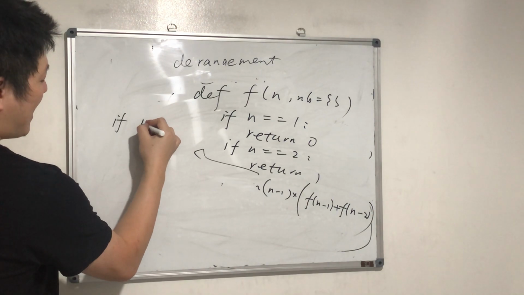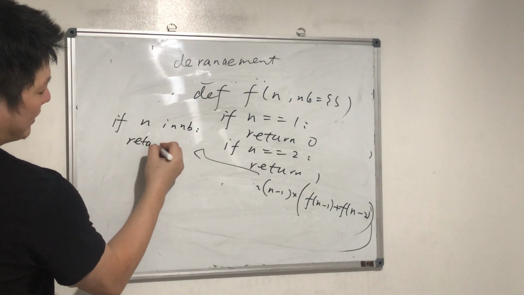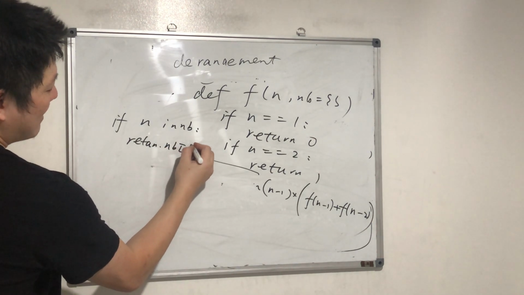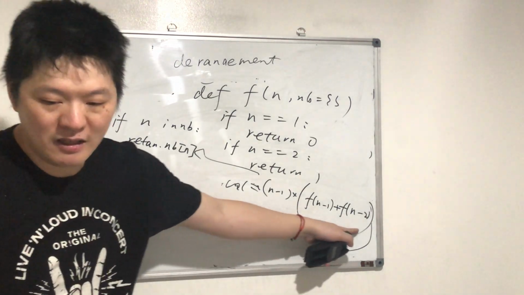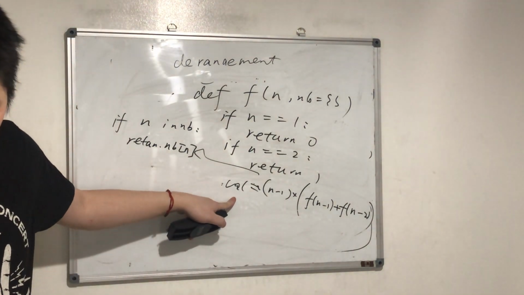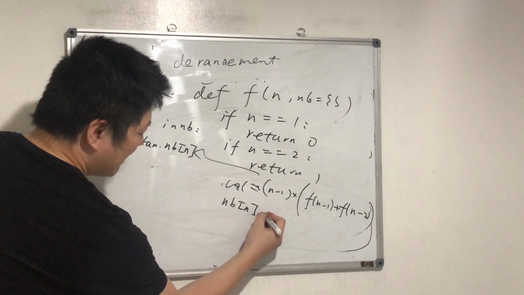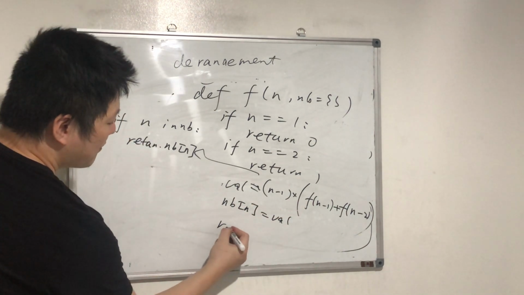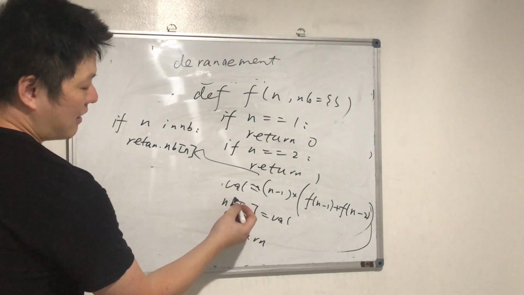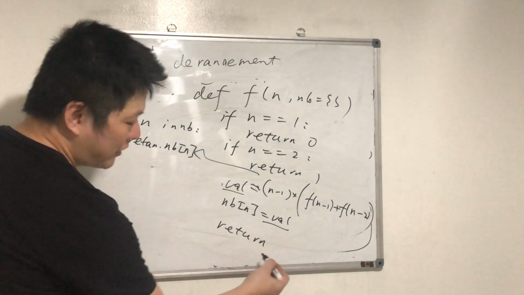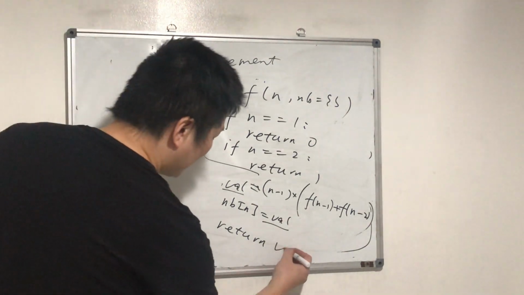If n in notebook, return what? Notebook n, right? And then before you return, you store this number in a value and put it in the notebook. And then return what? I calculate the value, I put it in the notebook, I return what? Value, yes.